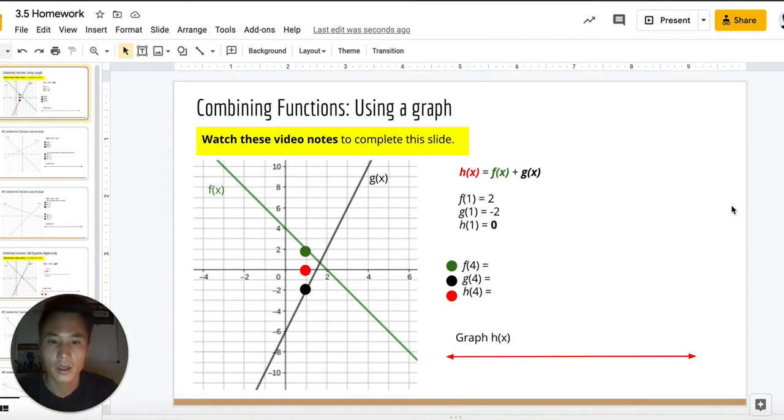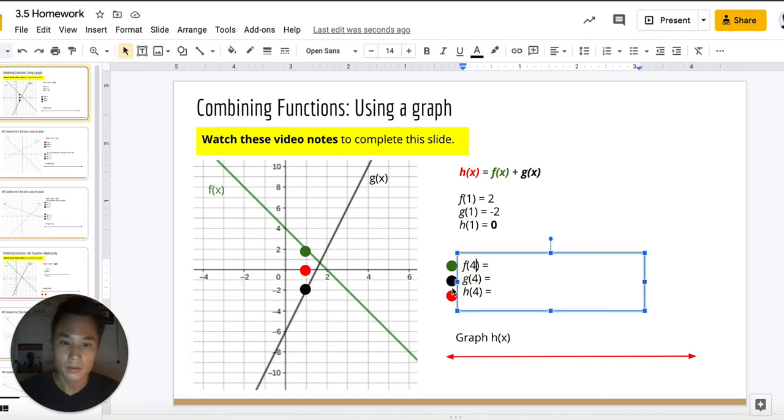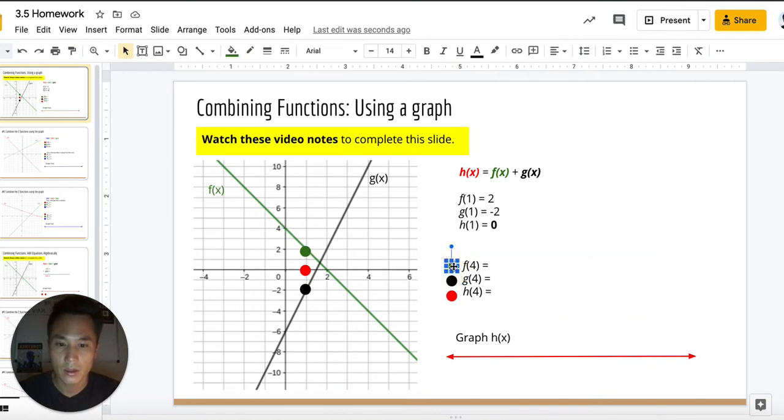Okay. Now I have to do the same process but somewhere else on the graph. And again, I want to find some x value where both the functions have whole numbers as their y value. Another place that I can do that is at an x of 4. When x is 4, f of x is going to be right here.